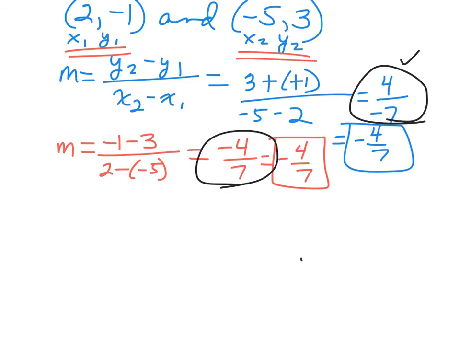So if this was a point on my line, 4 over negative 7 would mean to rise 4 and run 7 negative, which would be 7 to the left, because 7's negative. So if I did that, 1, 2, 3, 4, 1, 2, 3, 4, 5, 6, 7. That'd give me a point right here, and that would generate this line.